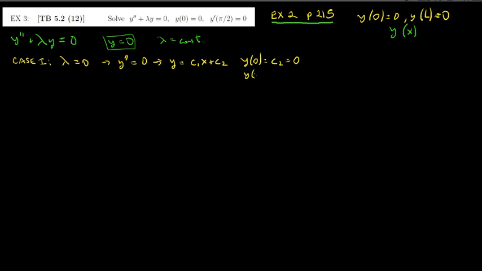What do you get when you plug in L? Well, you get C1 times L plus C2, which is 0, equals 0. Well, we know L is not 0. L is the length of the beam, if you will. So we can divide by L, and we get C1 is 0. So if C1 and C2 are both 0, we get 0 plus 0 is 0.